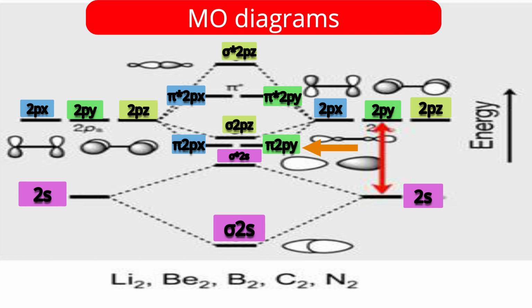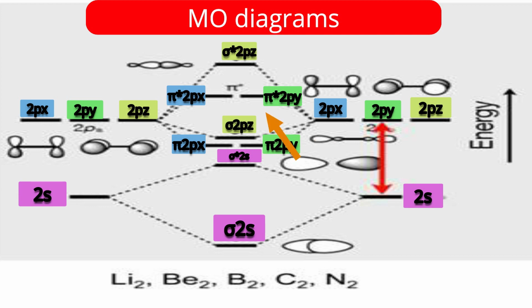So the stability given by the resultant bonding molecular orbital, sigma 2pz, should be more. If stability is more, then the energy should be lower. So sigma 2pz should be of lower energy than pi 2px and pi 2py. But what is the reality in this diagram? Sigma 2pz is of higher energy than pi 2px and pi 2py.